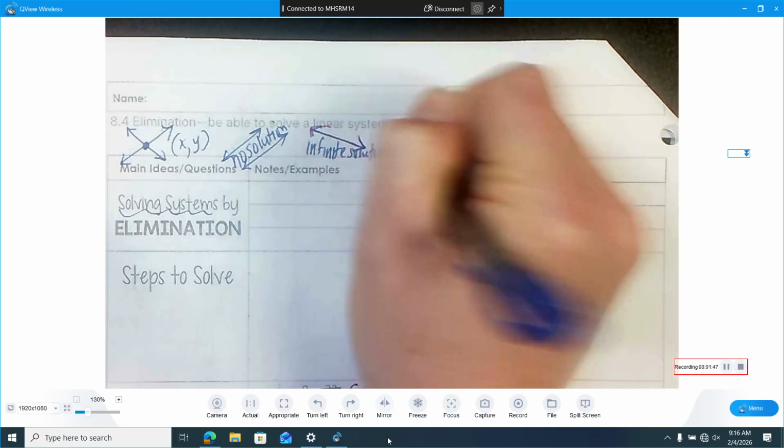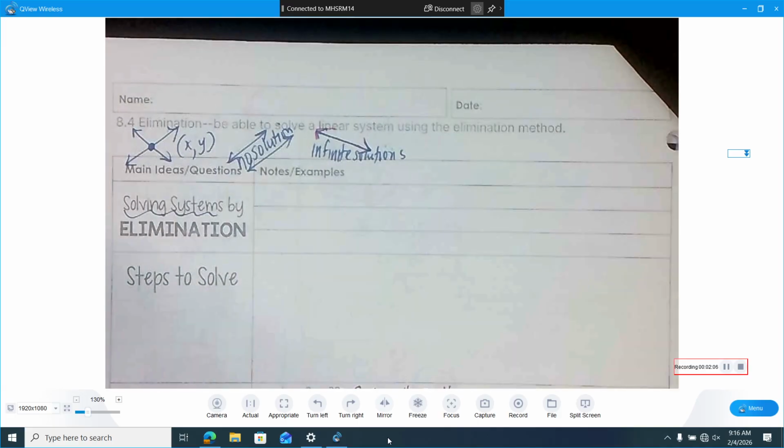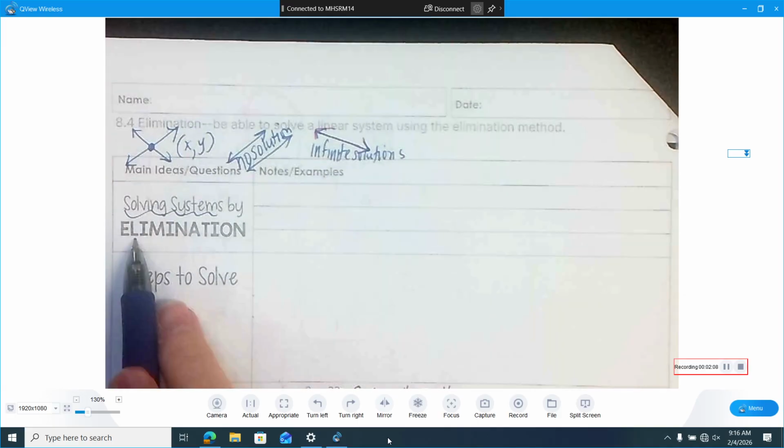I just want to remind you, every day we're going back to keeping that visual in your head of what we're actually doing, okay? We're graphing lines, but sometimes graphing is terrible. Most times graphing is terrible. And so we have some other methods, but the same things can still happen. So today we're learning the elimination method.